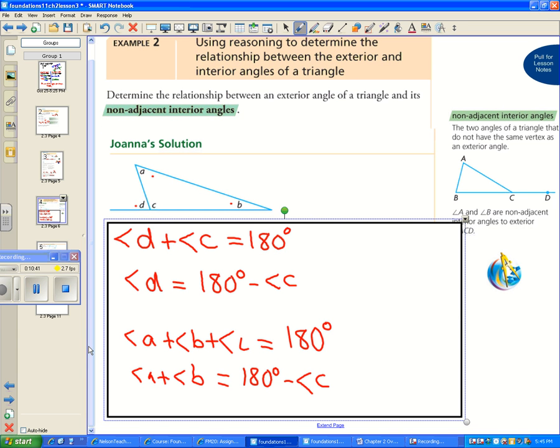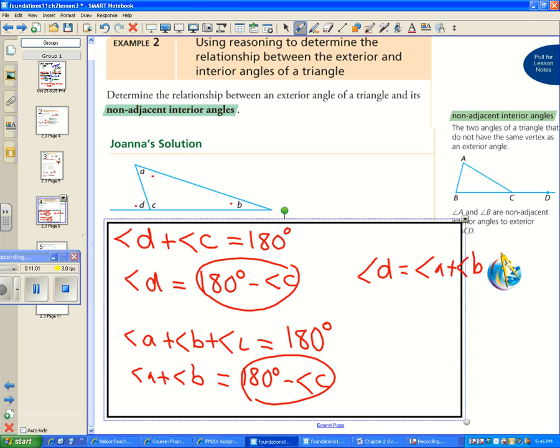We've seen this before. 180 degrees minus C, 180 degrees minus C. So in other words, just by substitution, we can say angle D is equal to angle A plus angle B.